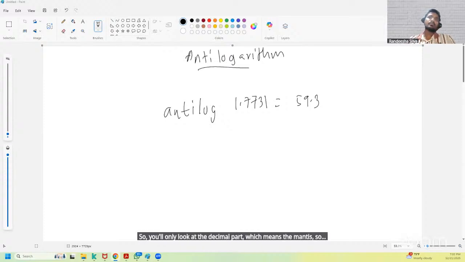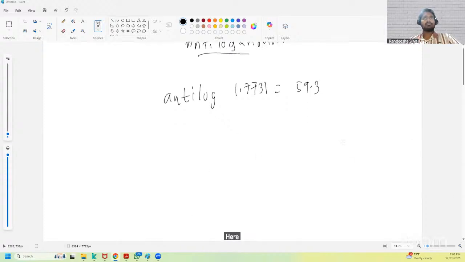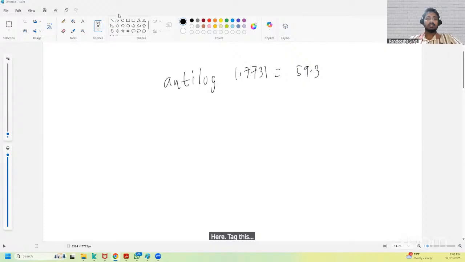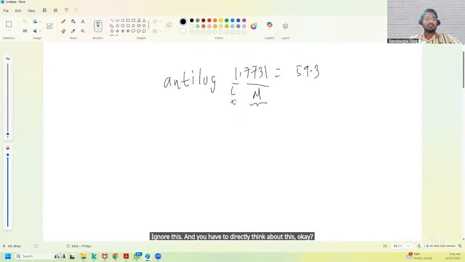This is the characteristic and this is the mantissa. So first you have to ignore this and directly think about this. First part is ignore the characteristics for a moment.